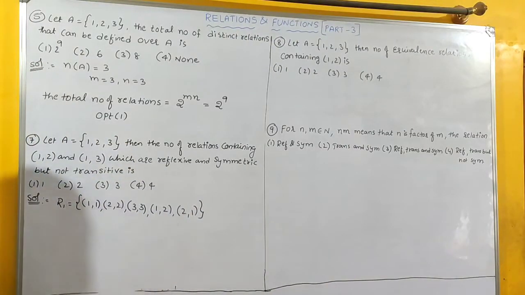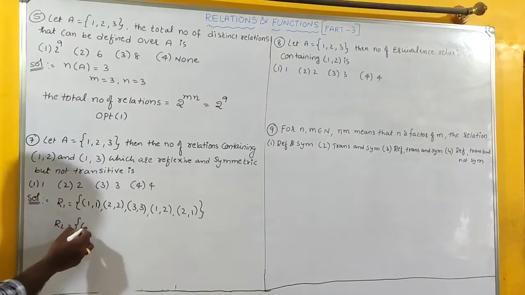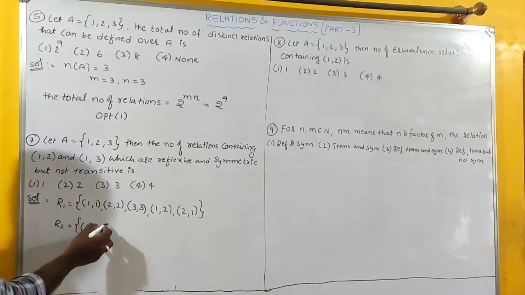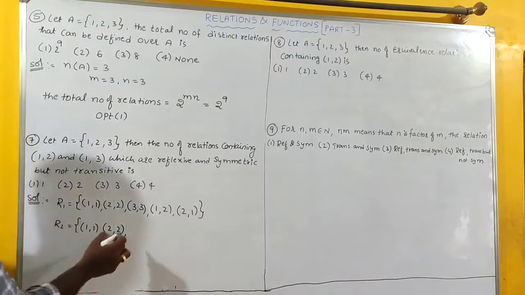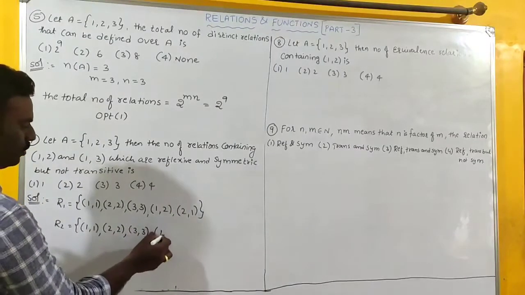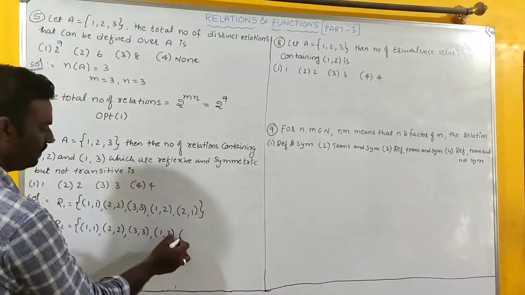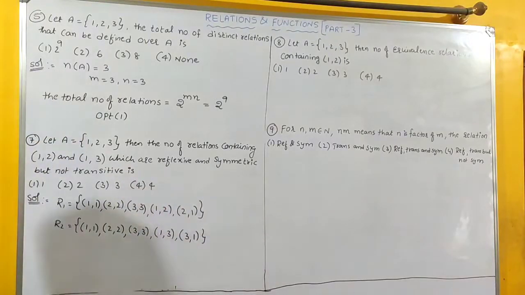For example, I will take the relation like this: (1,1), (2,2), (3,3), (1,3), (3,1).